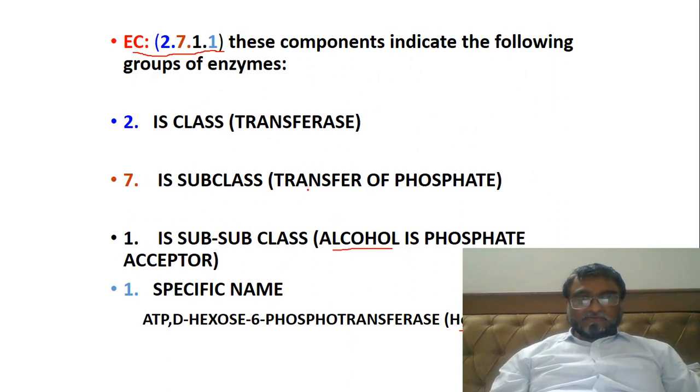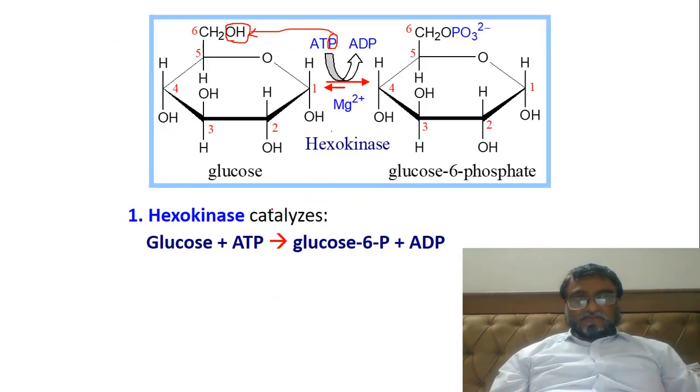What is it going to transfer? It transfers the phosphate group. Where is it going to transfer that? To an alcohol, right? So hexokinase belongs to the class of the transferase. What is it transferring? A phosphorus. Where is it transferring?